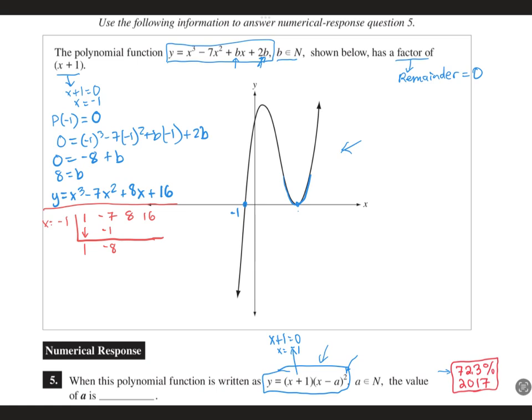Whichever method you do use, you'll get the same result on the bottom row there. And -1 times -8, positive 8. Add those two, you get 16. -1 times 16 is -16. Add 16 and -16, you get 0. That's your remainder, which we knew was going to be the case, right? It better be 0, because x plus 1 was a factor.